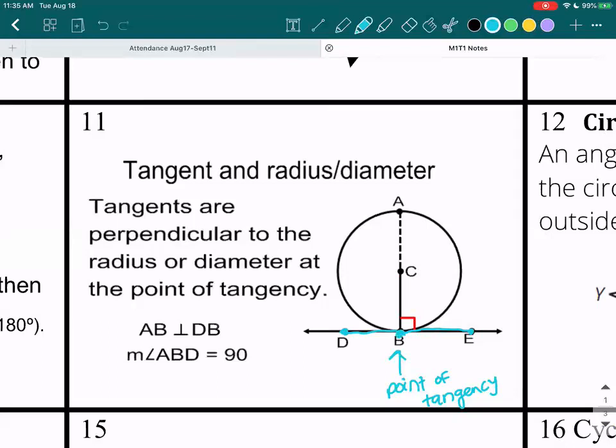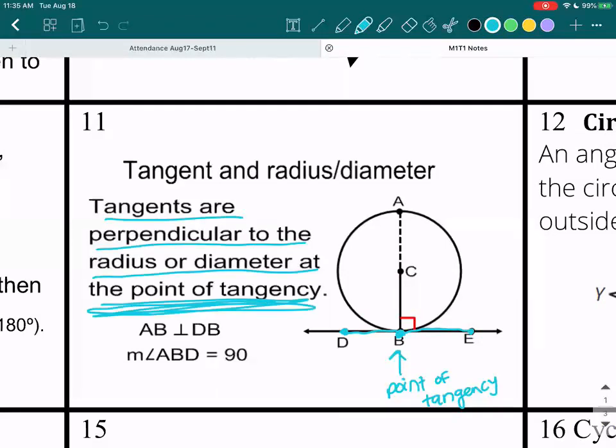And that's when I wanted to point out that tangents are perpendicular to the radius or diameter at the point of tangency. So at point B, you get that red box. Our radius and our blue line, the tangent line, are perpendicular to each other, and they meet at point B, the point of tangency.